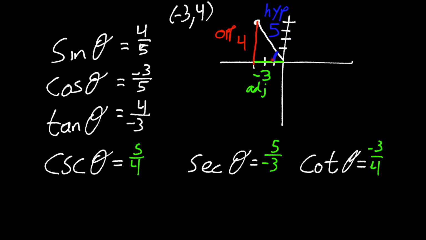We then found the lengths of the legs, which is really the x and y components of our point, -3 and 4. We used the Pythagorean theorem to find the hypotenuse. And once we had the hypotenuse, we were able to use our SOHCAHTOA to get our 3 original trig functions, and then we flipped them upside down to get our 3 reciprocals. And there we have it.